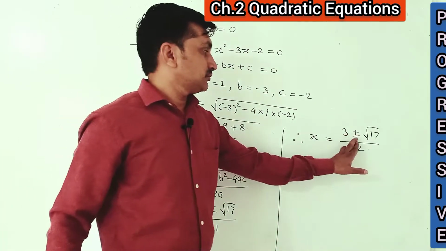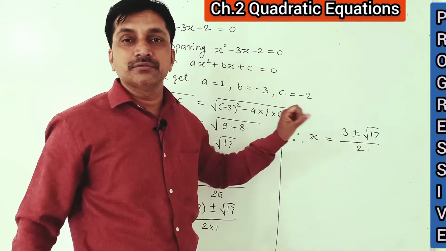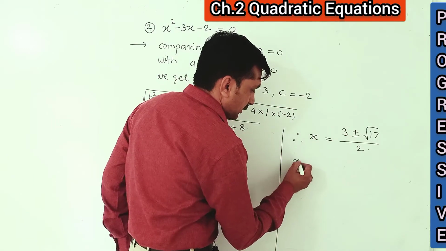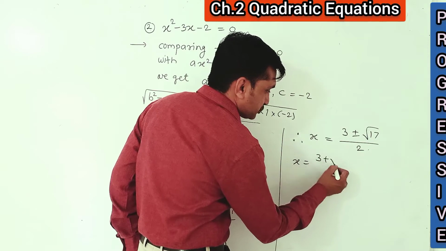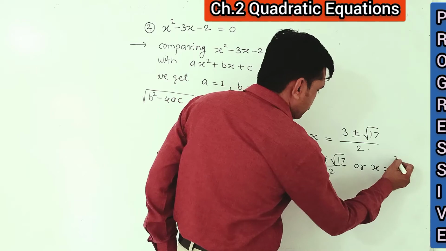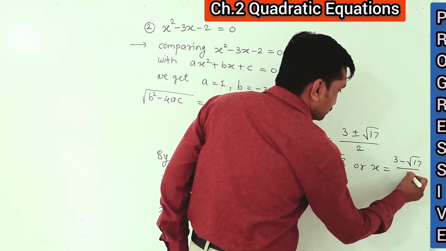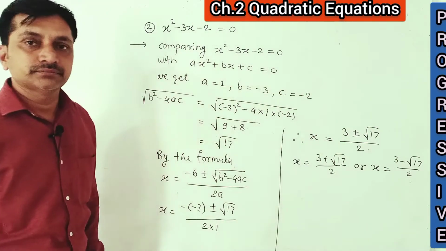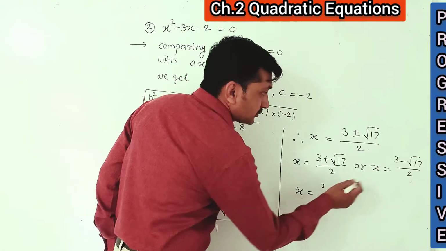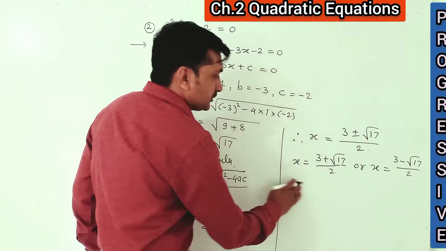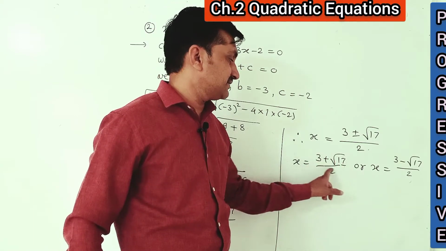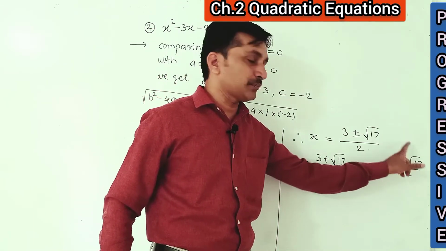Now here what to do? Separate the values. Do separation with plus minus. X is equal to 3 plus root 17 upon 2 or x is equal to 3 minus root 17 upon 2. Here 3 is rational and root 17 is irrational, so we cannot add or subtract these numbers.